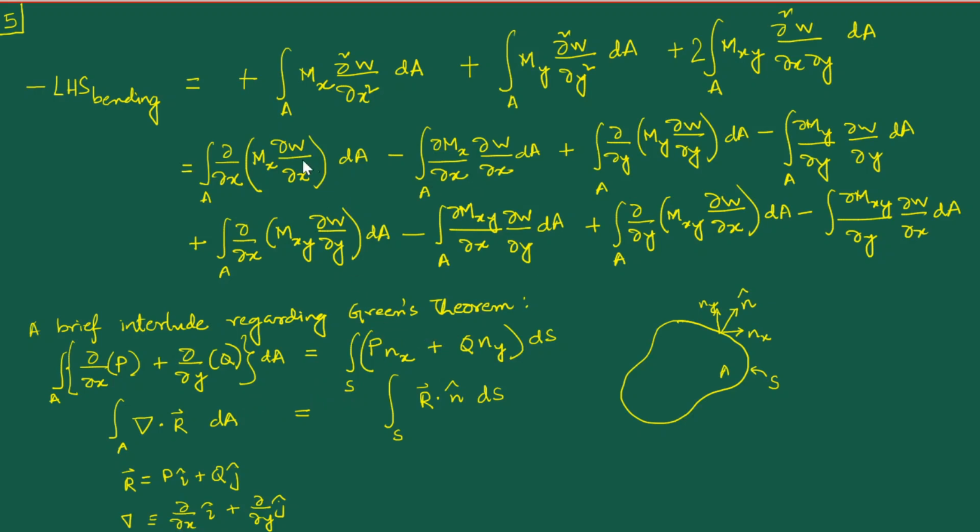Because we can take this area integration together with this area integration, club these two terms together, and then rewrite those terms in the next step in the form of this line integration.